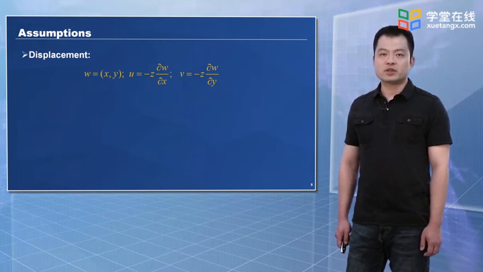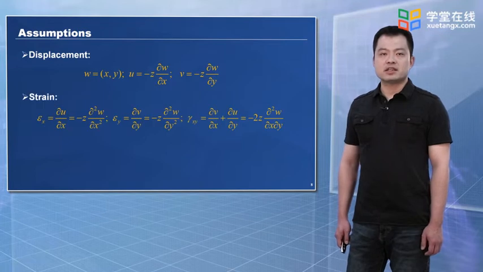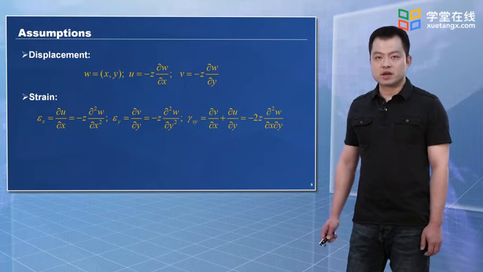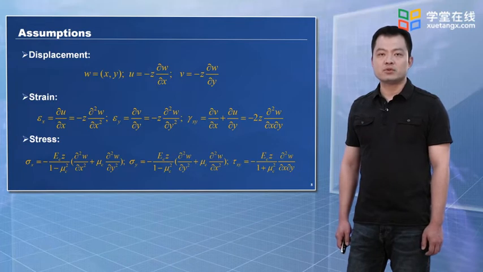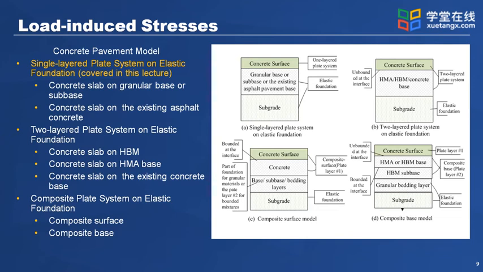So by definition, we can get expressions of strain component and stress component here, represented by displacement of w, u, and v. Next, we move to the load-induced stress analysis. Concrete pavement models can be classified into 3 categories, as shown in this figure.